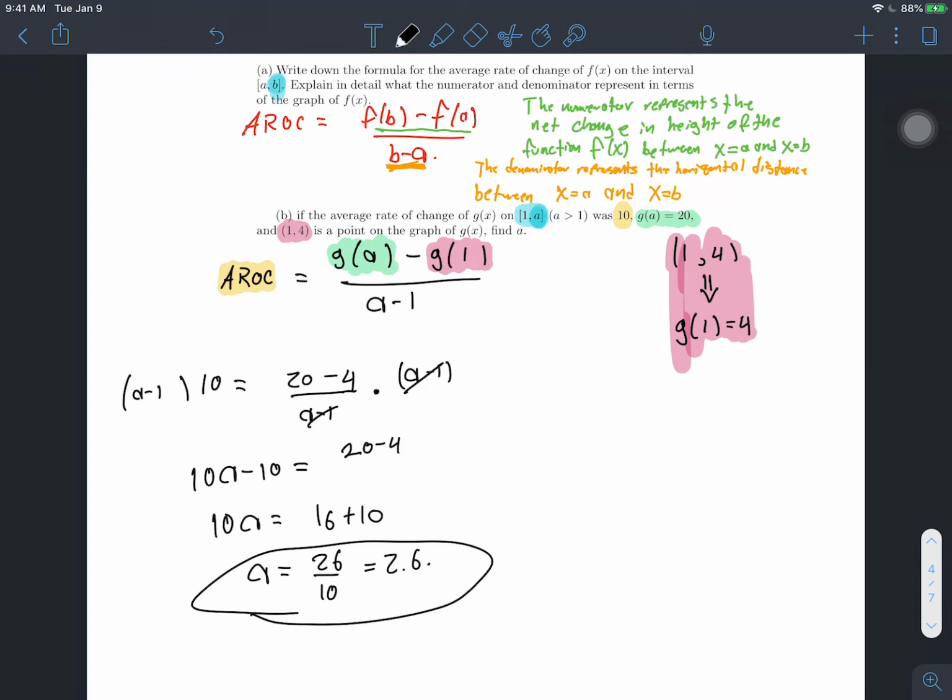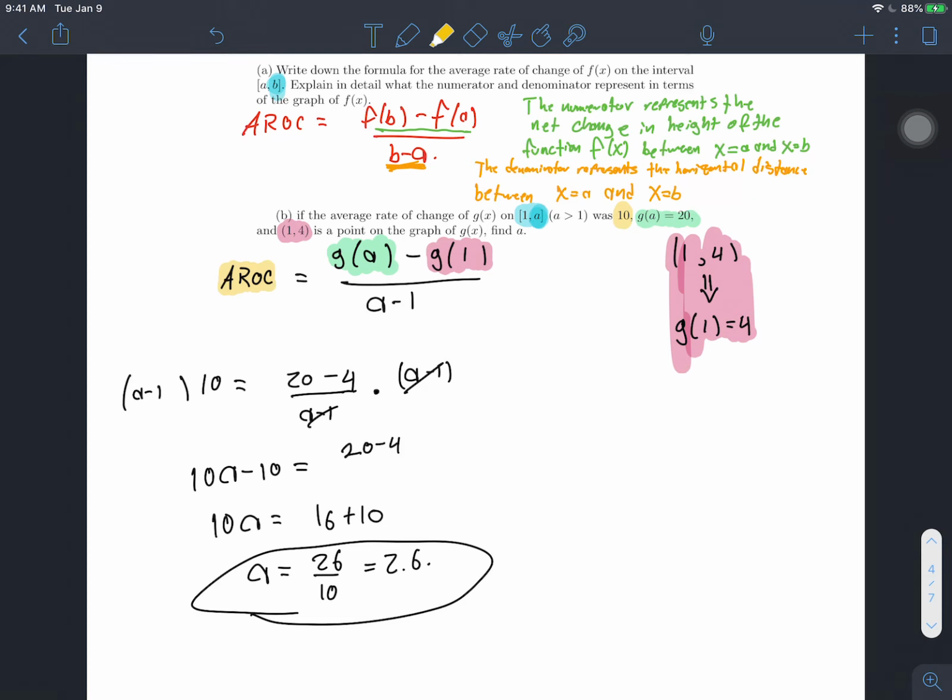So, the problem tried to trick us in a couple of ways. First, they gave us all of this information in kind of a wacky order. And secondly, they asked us to find something which is sort of non-standard. Usually they ask us, find the average rate of change on this interval.